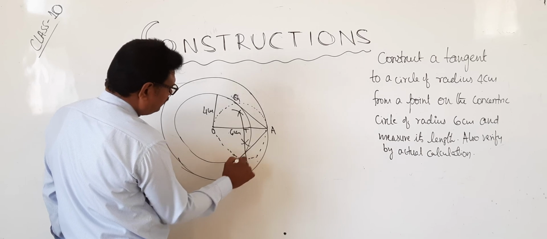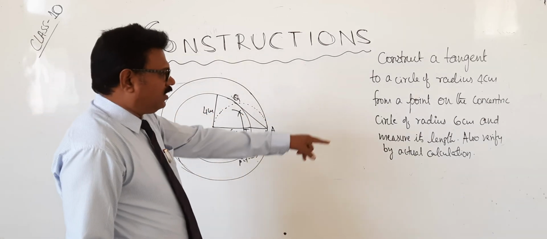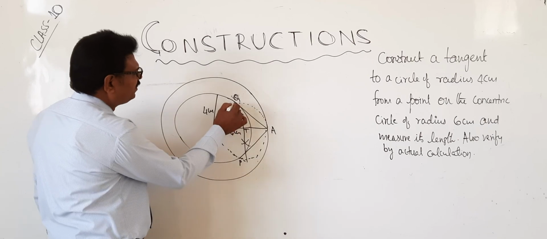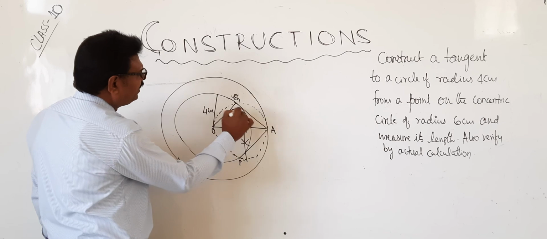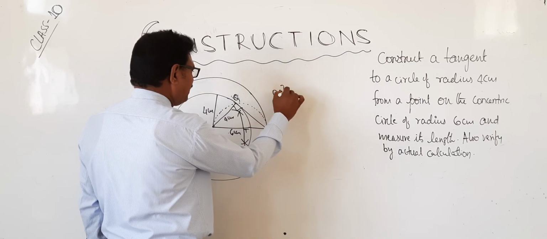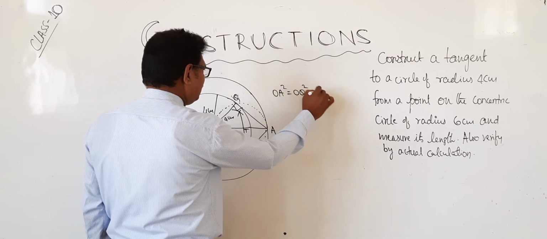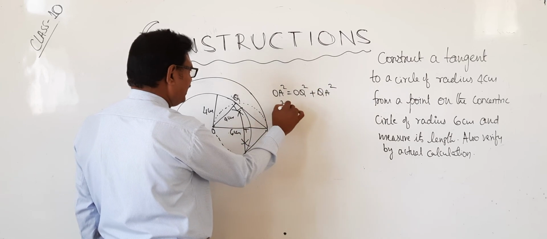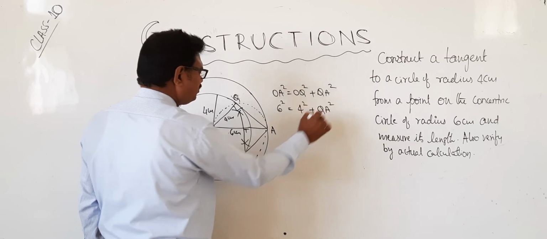Also verify by actual calculation. We will take this. Now this is 4 centimeter. Here to here it is 90 degrees. Therefore OA square is equals to OQ square plus QA square. OA square is 6 square. OQ square is 4 square plus QA square.